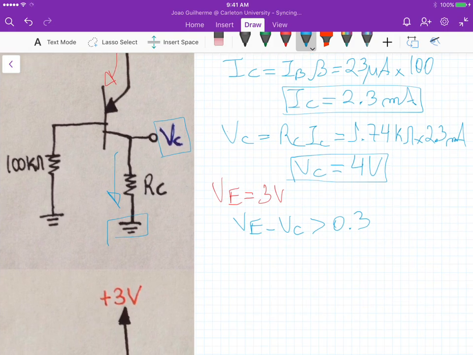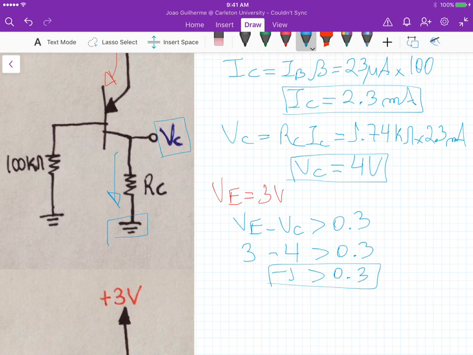Now, if we take VE equals 3 and VC equals 4, this condition doesn't hold, right? Because we get minus 1 greater than 0.3, and that's not correct.